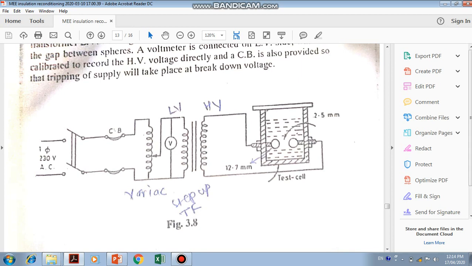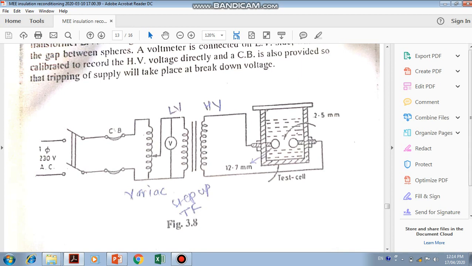Then we will observe the flash which occurs between these two spheres. When the flash occurs between these two spheres, it means the oil present between them has gone into breakdown.